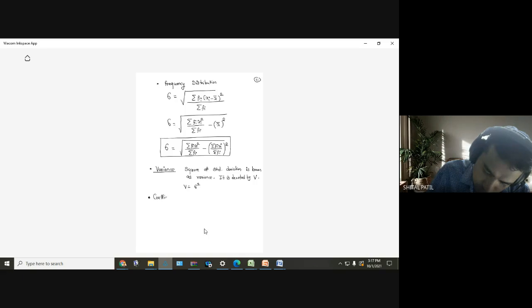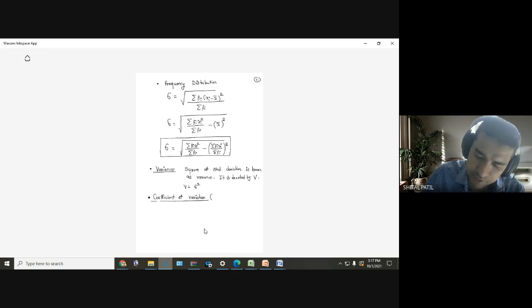Coefficient of variation. It is different from variance. It is not coefficient of variance.